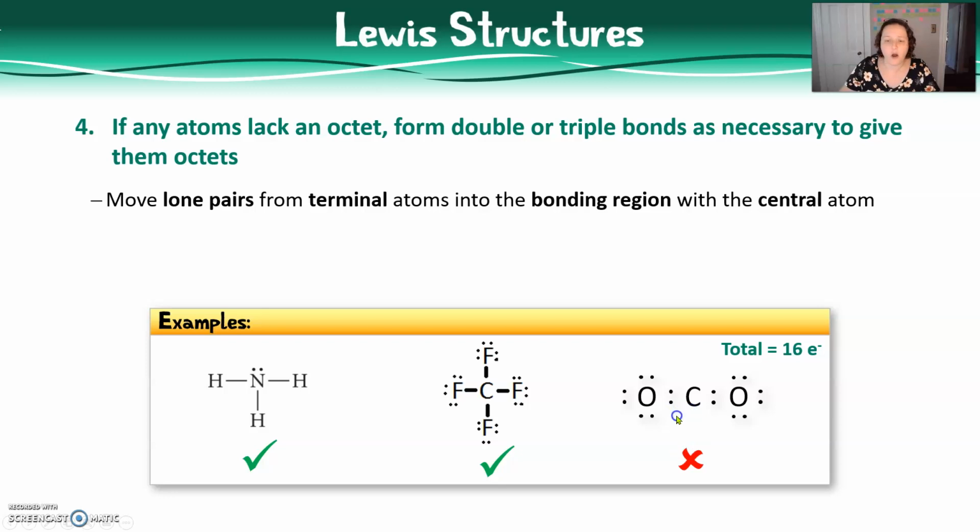This must mean that carbon has more bonding pairs than the 2 that we've already indicated. So we take lone pairs from the terminal oxygen atoms and make them into bonding pairs to satisfy the octet rule for carbon without changing the number of electrons around the oxygens. So note here, oxygen still has 8 electrons around it, and now carbon has 6.